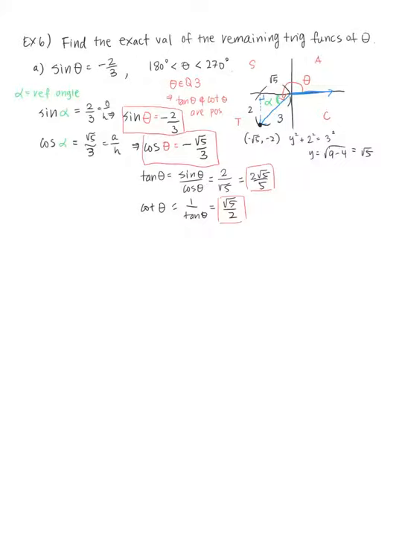And next one is what? We got tangent, cotangent, secant is 1 over cosine. So it looks like we're going to have negative 3 over root 5. Rationalize that: negative 3 root 5 over 5.